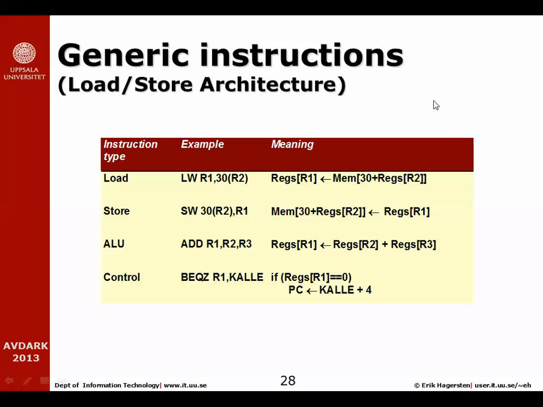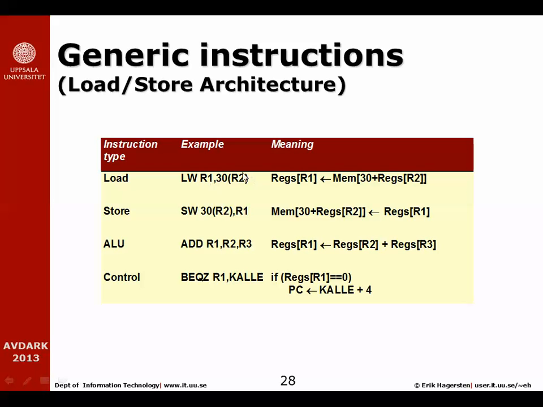The kind of instructions in this architecture we're going to talk about is quite simple. It's what's called the load store architecture, where you either do a load or a store. And if you don't do load and store, you do an ALU operation, such as adds. And you can also have a control instruction. So the load, this is what the mnemonics look like in the assembler. This says load word, put the result in register 1.